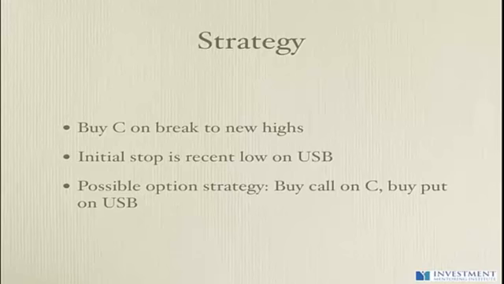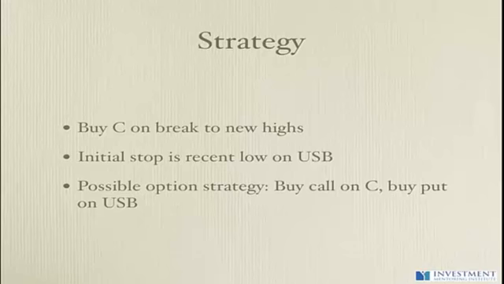Now, notice that what we're really doing, if we strip this down and buy a call on C, buy a put on USB, we're really buying a straddle on money center banks. And so as a result, we have the potential to make money on the market moving strongly in one way or the other. And we also can make money on an increase in implied volatility.